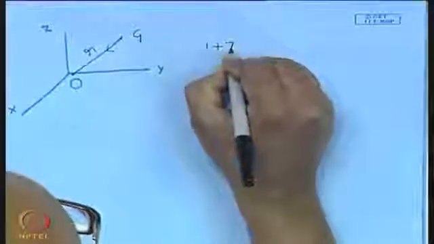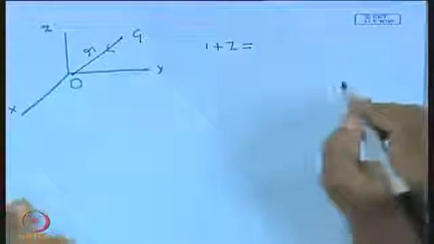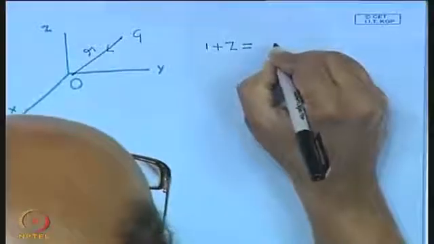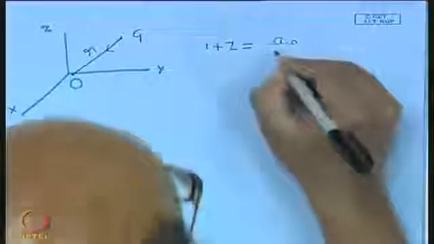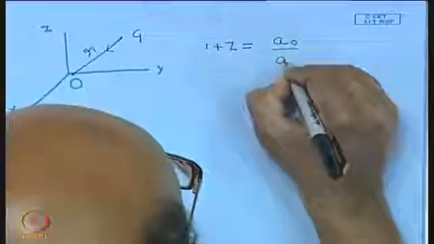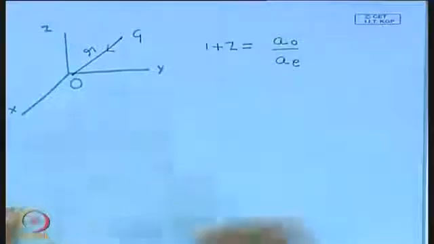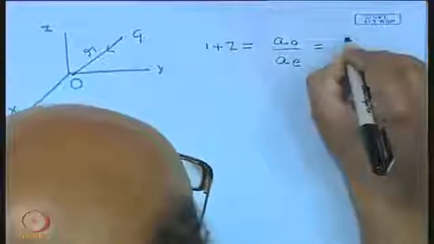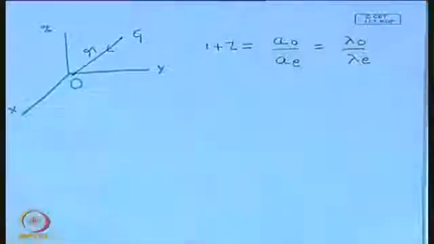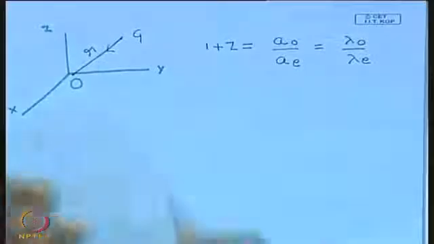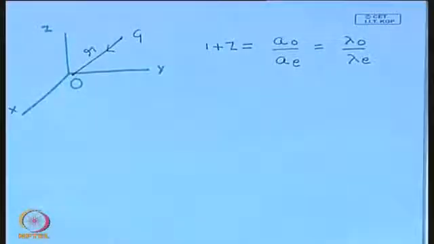The redshift we have seen is 1 plus z is equal to the ratio of the scale factor when the light is observed to the scale factor when the light is emitted. This is the ratio of the observed wavelength to the emitted wavelength.